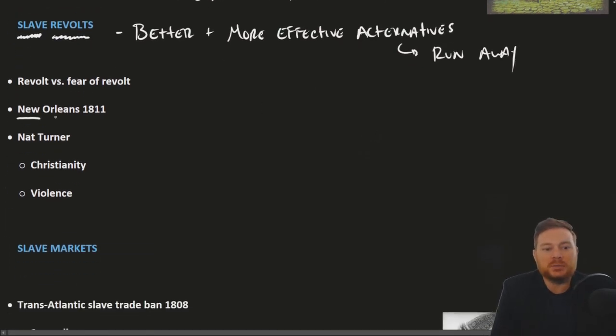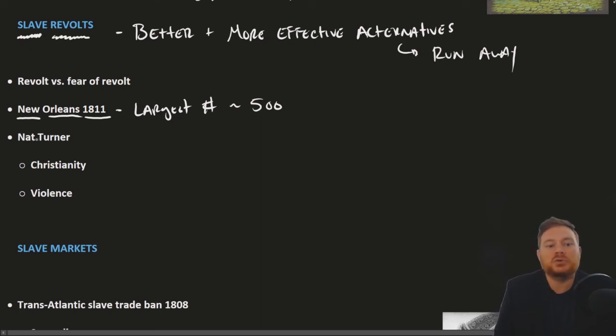A revolt that took place in New Orleans in 1811, probably the largest number of slaves who revolted in this case, approximately 500. But like most violent revolts, it did fail, and most of those who participated in it were punished by being executed. And even those who were not involved in it could be punished by being executed or at least banished from certain territories.